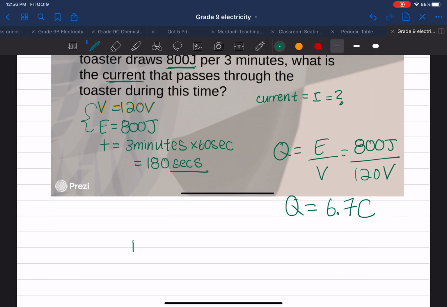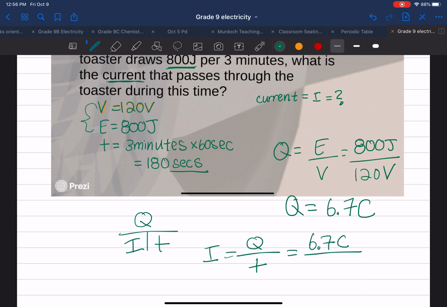So this is what the equation looked like: I equals Q over T. We solved for Q, which was 6.7 C, over the time. We converted the 3 minutes that was given in the question to seconds, because this equation can only take seconds.